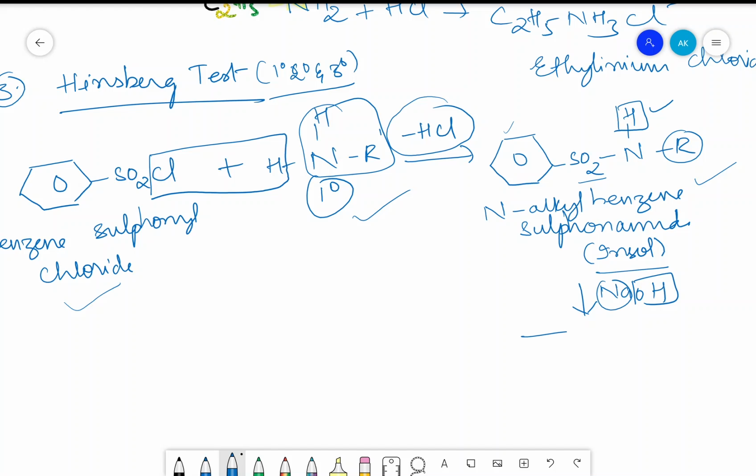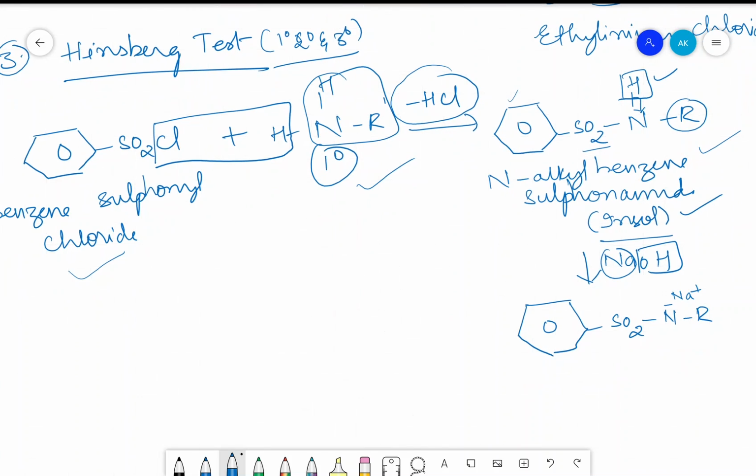So the solution which was insoluble will now be made soluble when it is treated with a base, to give SO2 as it is, NNR. Because hydrogen will be removed as proton, the bond will shift here, so that N will have negative charge and Na will be a positive charge. So this particular compound is soluble and it is acting as a salt.